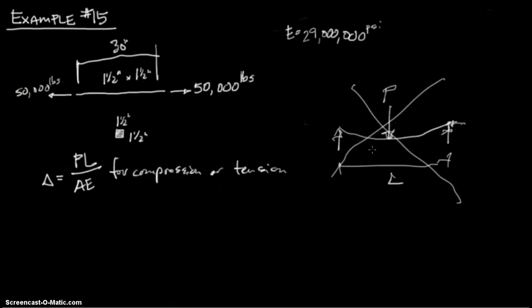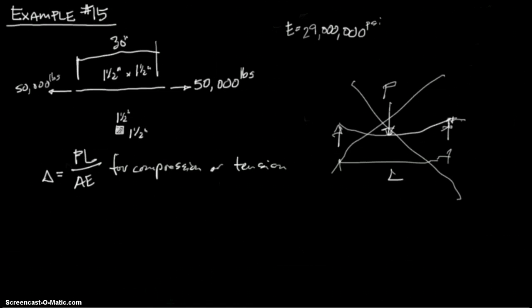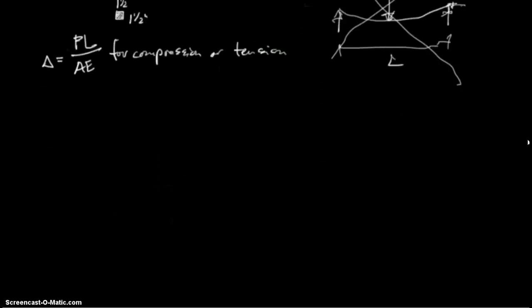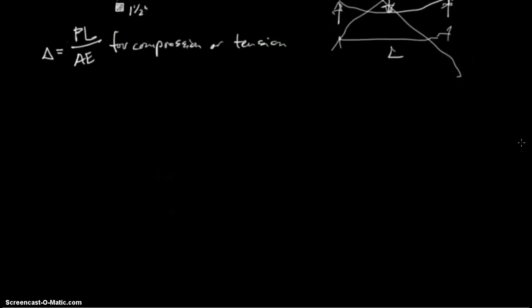That has a different equation associated to it that I haven't memorized. I think it's something like WL, or 5WL to the fourth over 384 EI or something like that. Anyways, it's not the matter. We're not going to deal with it right now. Don't take that to heart, because I'm just guessing. I've looked, it's actually in your steel book. You have a list of stuff like that I constantly use.